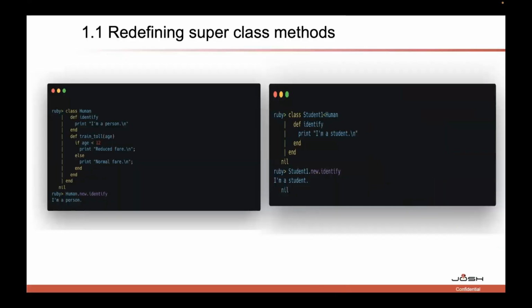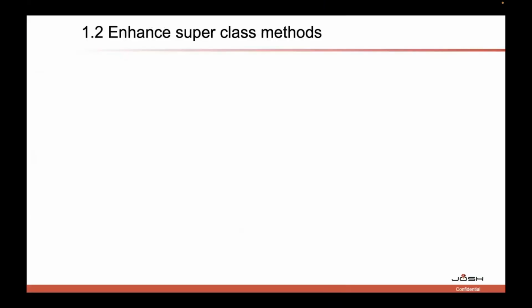We'll come back to the PPT and go next. Sometimes I don't need to redefine the entire method. I just have to enhance the superclass method. I need some part of the code from the super method, and I just want to enhance it. It is also possible in Ruby.